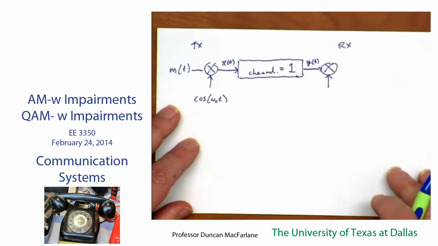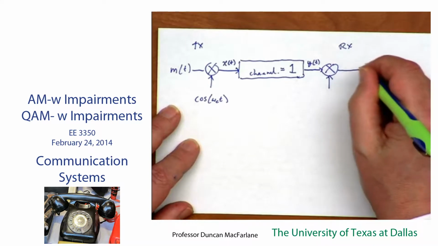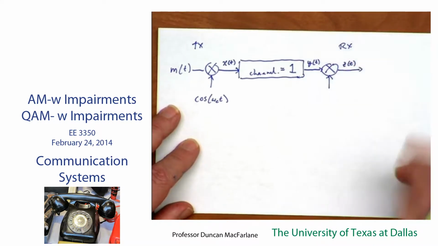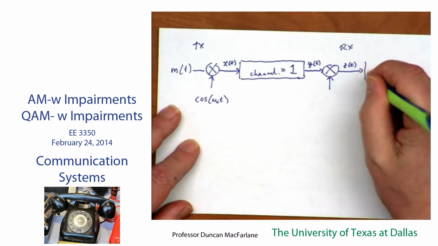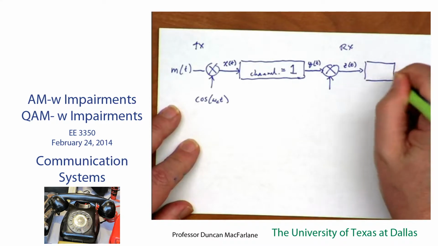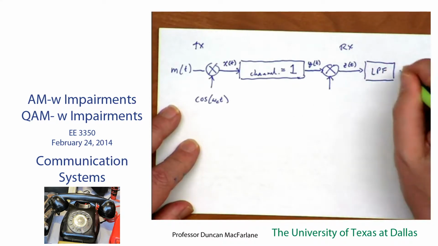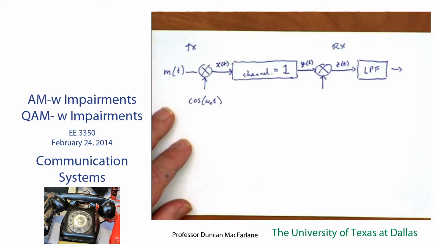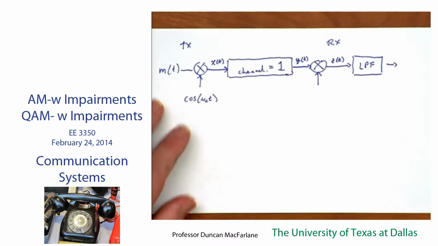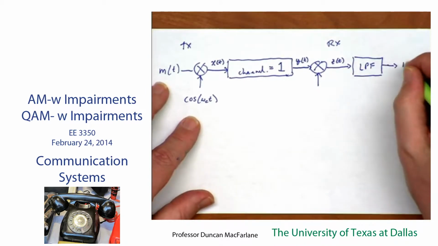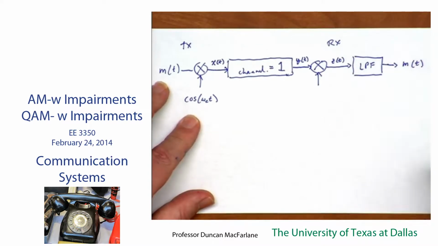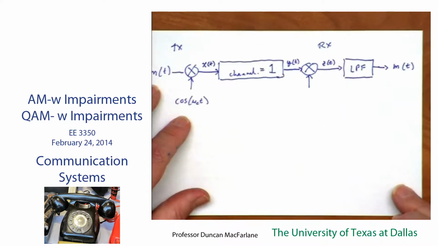So there's a receiver. I'll call Z of t what comes out of that element. And then you know the answer. So I'm going to put a low-pass filter in. And then what comes out of here, we want it to be M of t.